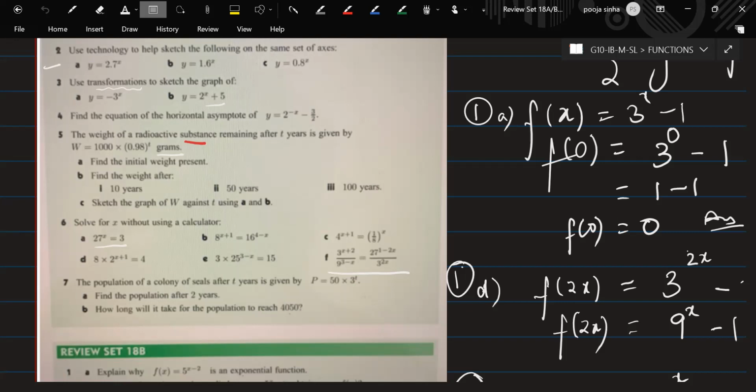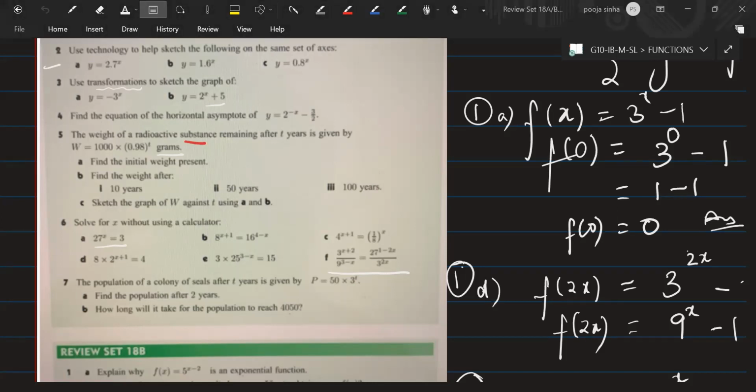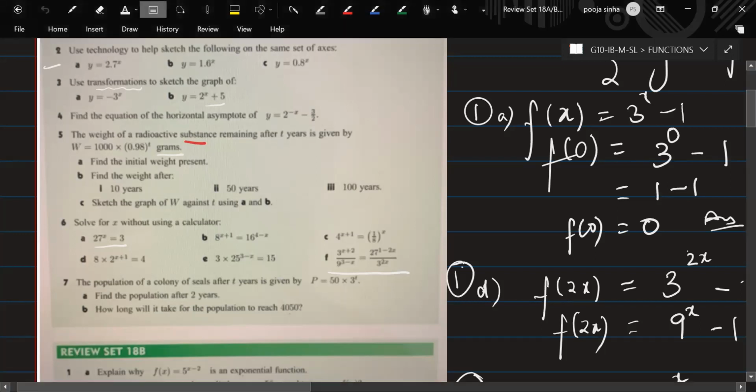It's an exponential function. What will happen if I sketch y is equal to 3 raised to power x? What kind of function will I get? You'll get a function that goes straight up, from the left to the right, and it's going up.